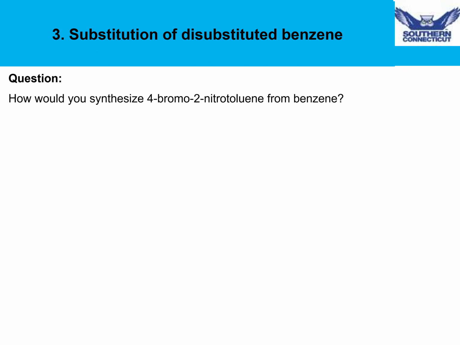We want to synthesize 4-bromonitrotoluene from benzene. The compound we're trying to make has a bromine at the 4 position, a nitro group at the 2 position, and it has a methyl group at the 1 position.